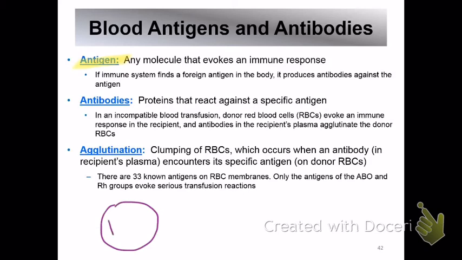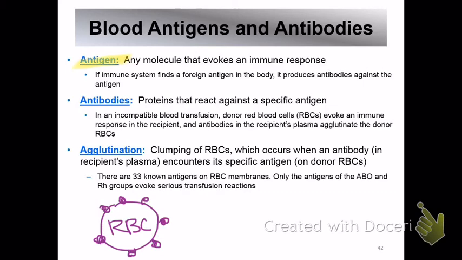So think about, here's your red blood cell. And you have surface proteins called antigens on them. And they may start an immune response, but they're normal to you, right? They may start an immune response if someone else had those, but those are yours.